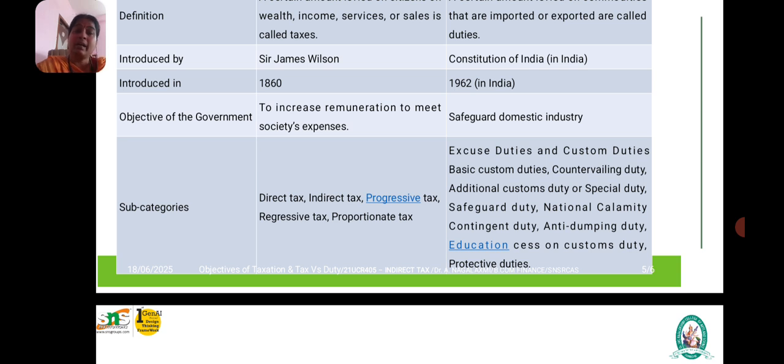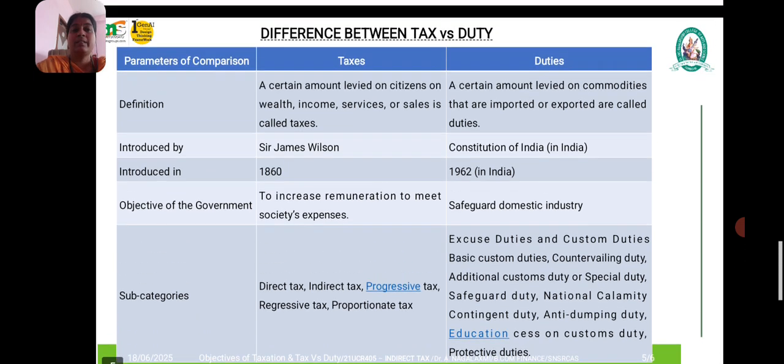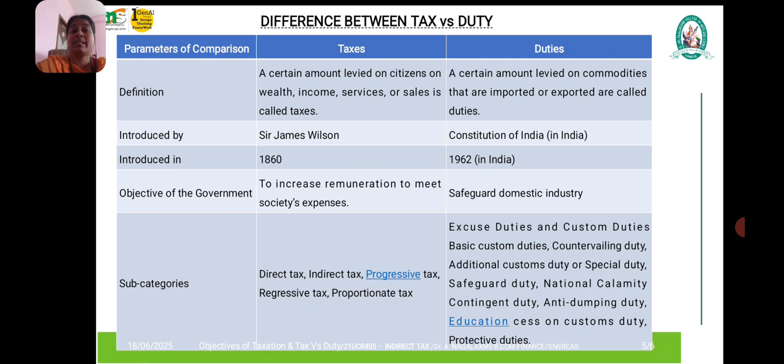In the aspect of duties: excise duty, customs duty, basic customs duty, countervailing duty, additional customs duty, special duty, safeguard duty, national calamity contingent duty, anti-dumping duty, education cess on customs duty, protective duties. So there are many subcategories. This is the difference between tax and duty.